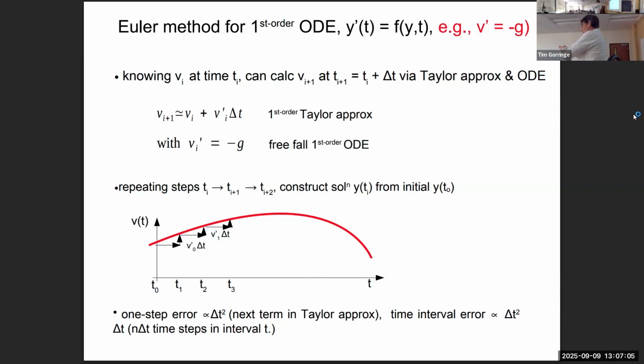And the end result is that the error for the overall trajectory scales as delta t. The error on a single step scales as delta t squared. If you make delta t smaller, the error gets smaller by delta t squared. But the error on the whole trajectory, by the time the projectile hits the ground, scales as delta t. So if you make delta t smaller, the error only gets linearly smaller.